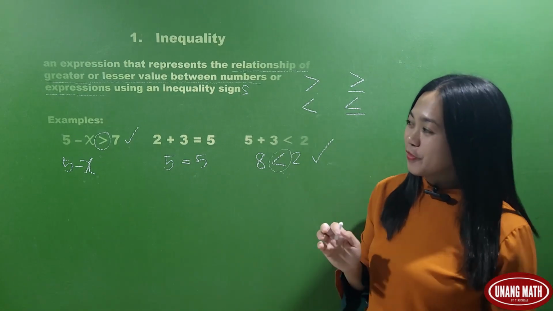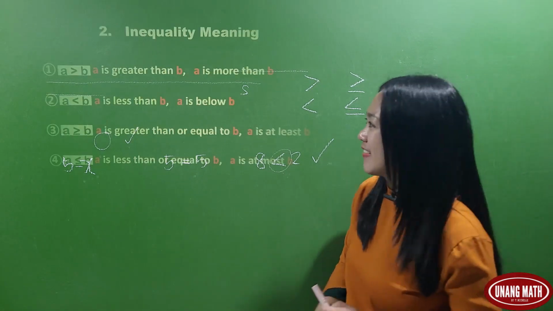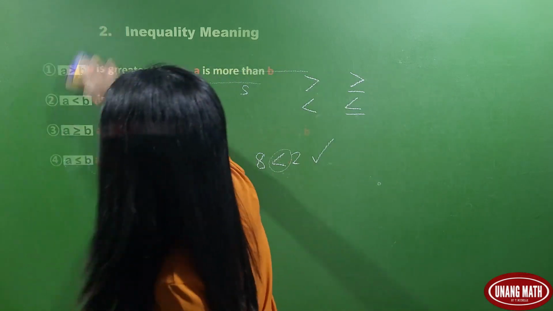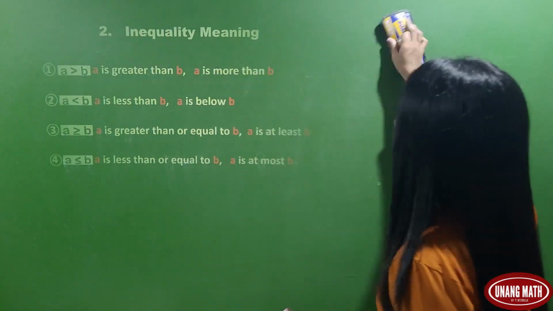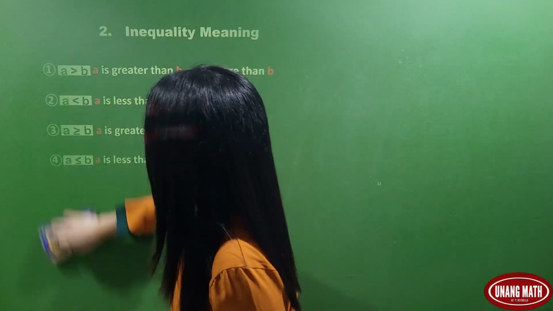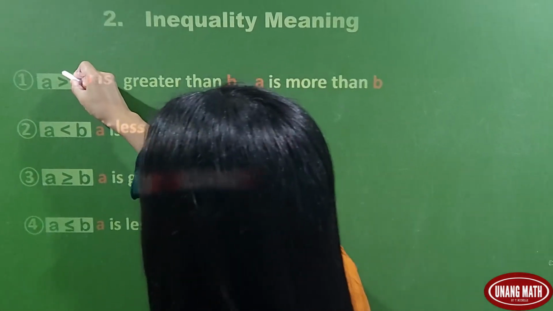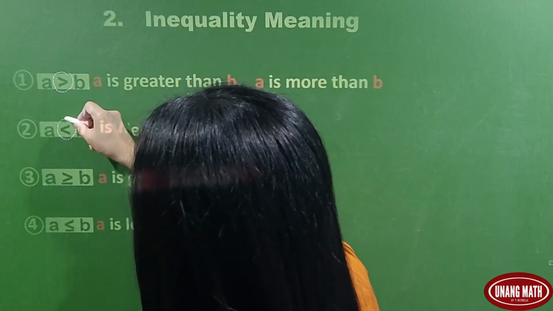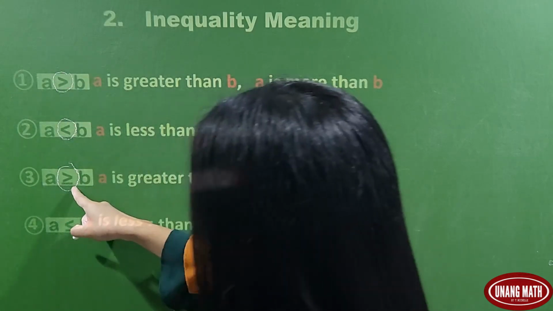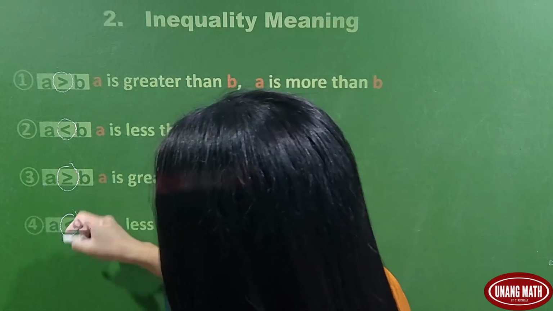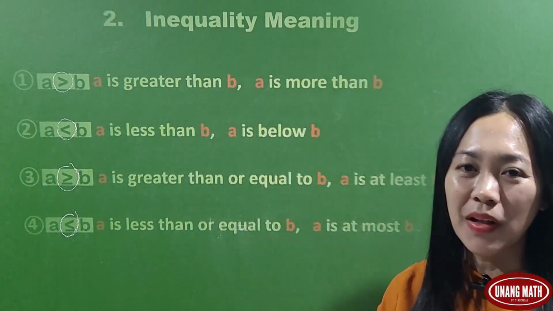To further understand the different inequality signs, let's take a look at this one. We already know that these are the inequality signs. We have here greater than, less than, greater than or equal to, and less than or equal to.